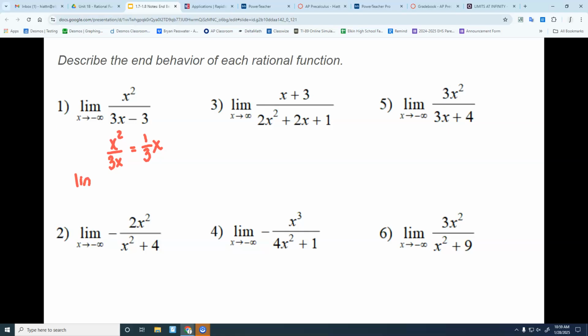So my limit as x approaches positive infinity of x squared over 3x minus 3. Since I didn't name that, I kind of have to do that. Actually, this one only asks us for negative. Positive infinity, though, would be positive. What's negative infinity going to be? It will be negative infinity, so that would be your answer right there.